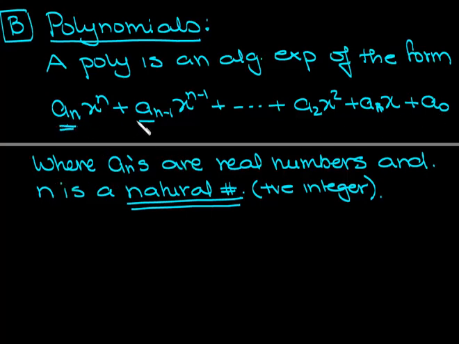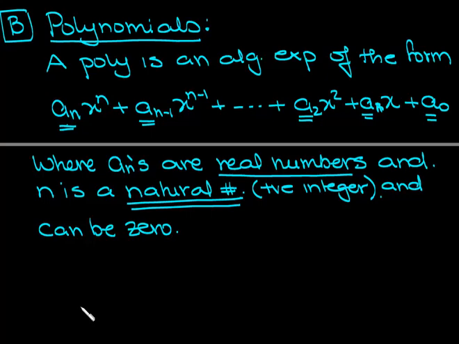All these a terms are just some real numbers, just any number that you can think of, and n is a natural number, or it can be 0. If you recall, when we talked about exponential numbers, we defined natural numbers as positive integers, not including 0. But n can be 0 in this case. So it's a natural number, or it can be 0.